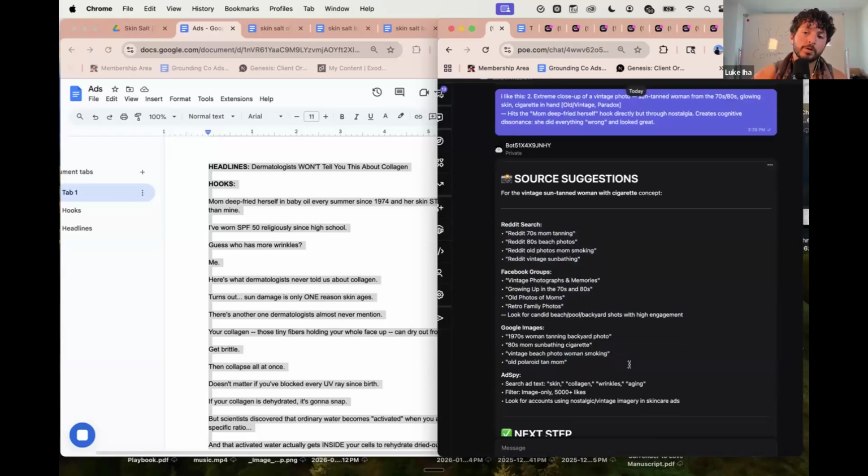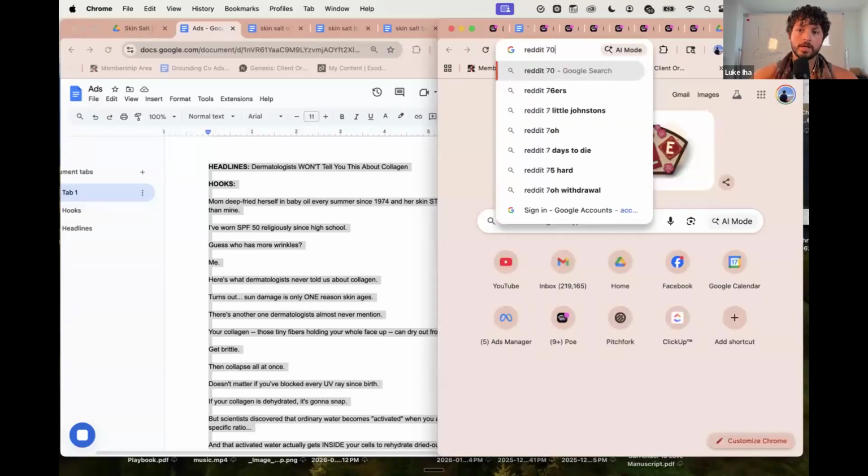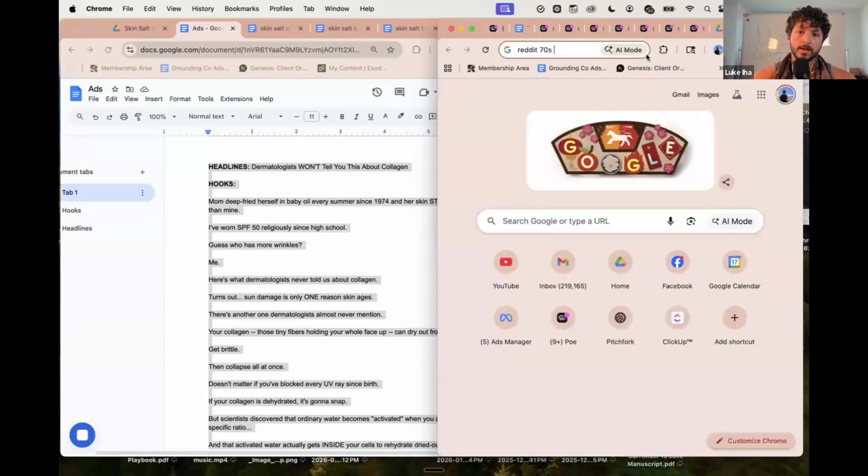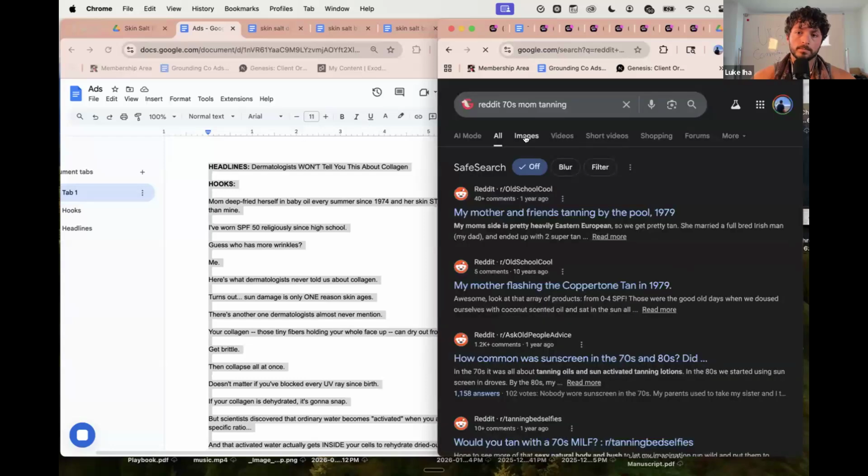The reason you're doing this is you want to find a baseline image that can act as a style reference. This is the way to get realistic photos. One of the best ones is just put Reddit, because Redditors share everything. Reddit, 70s, what did it say? Mom tanning. And you go to images.